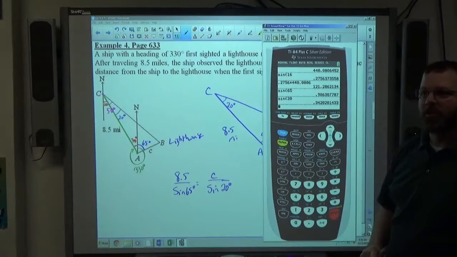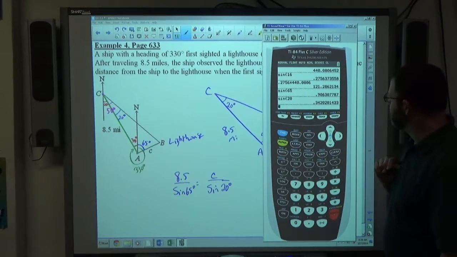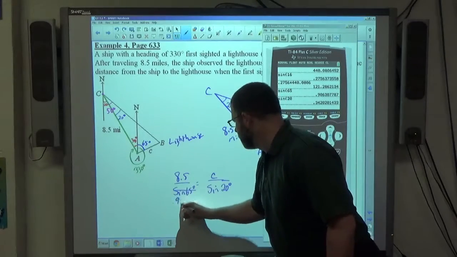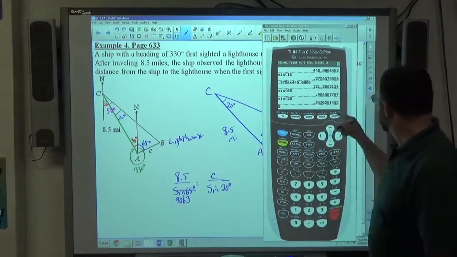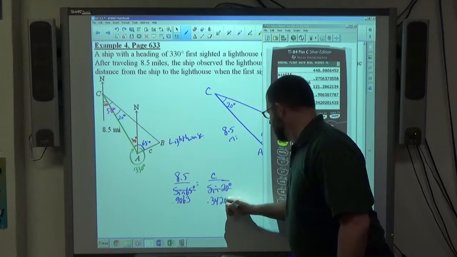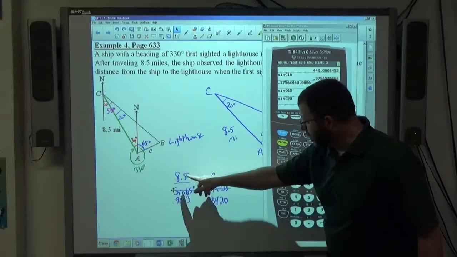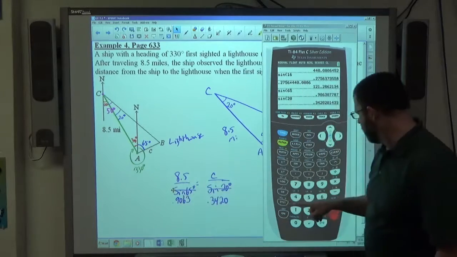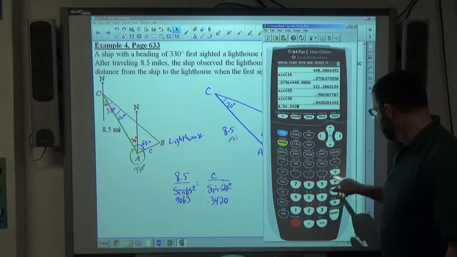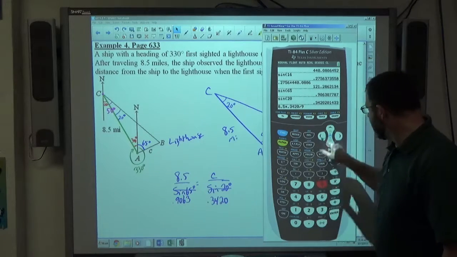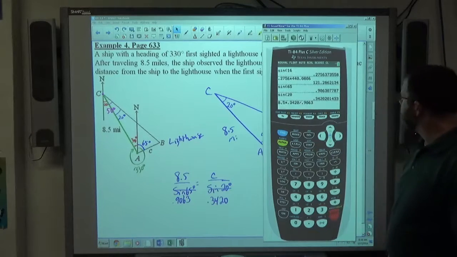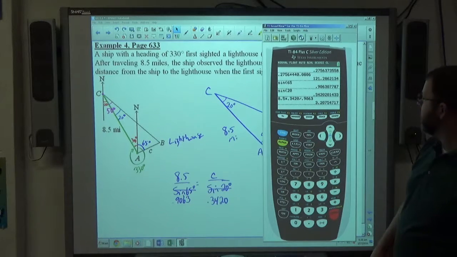It makes trigonometry not work very well in the wrong mode. 0.9063 and 0.3420. So to get c, I'm just going to cross multiply, this product divided by that. So 8.5 times 0.3420, divide that by 0.9063. Just typed it in right, it is. We get 3.21 miles.